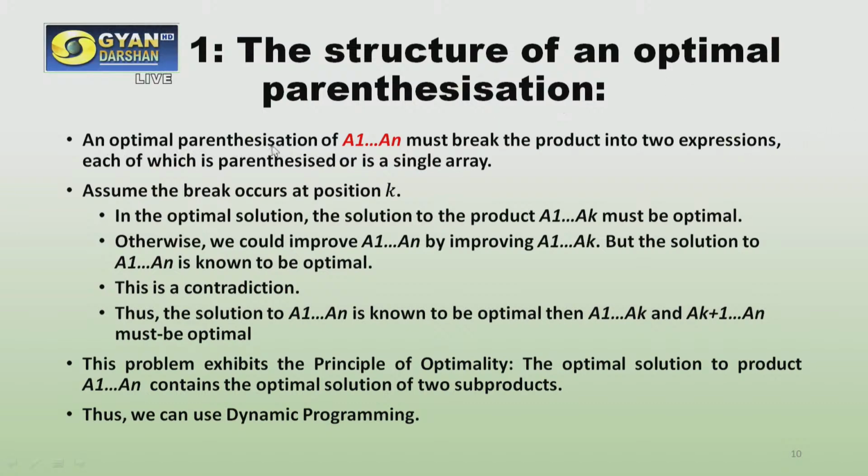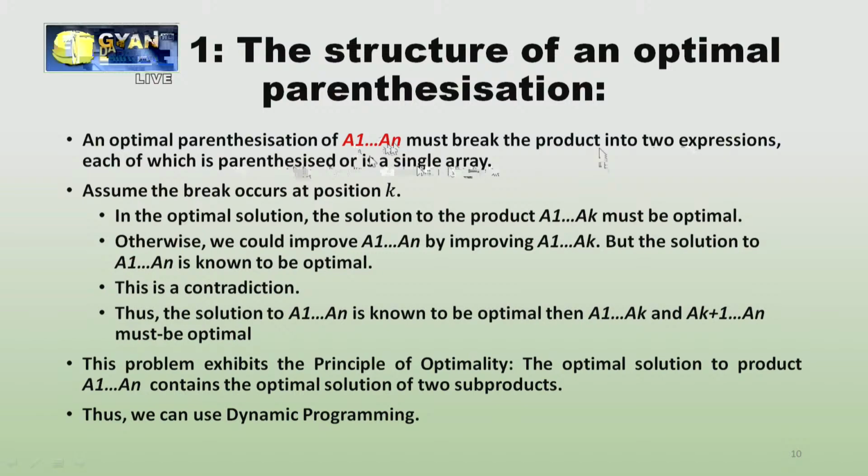This is the recurrent solution we are proposing. The whole product, A1 to AN, will be the product of 2 expressions, each of which is parenthesized or is a single array. Ultimately that multiplication is going to lead to a single array.